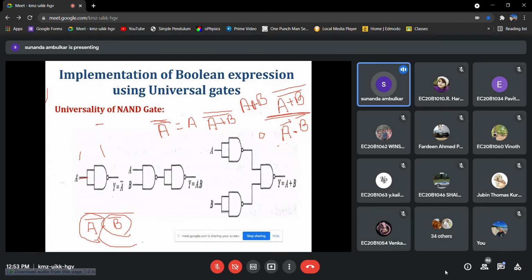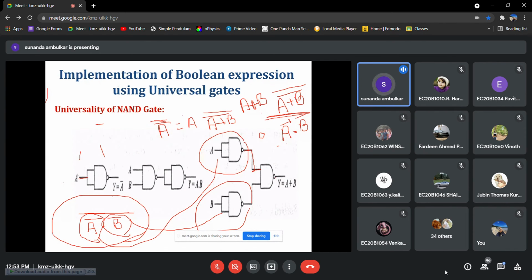This one is implemented by the NOT operation, and the complete expression is the NAND. If we take the output of these NOTs, it will give the OR operation. Clear?